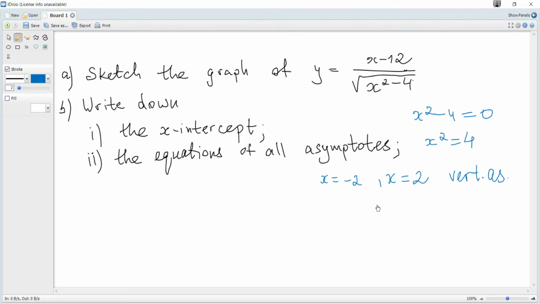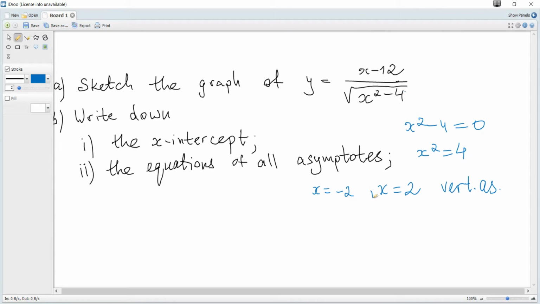What about horizontal asymptotes? To find a horizontal asymptote, we consider the limit x tends to plus infinity, and also you should consider x tends to minus infinity. You may get the same, but it may be that there exist different asymptotes.